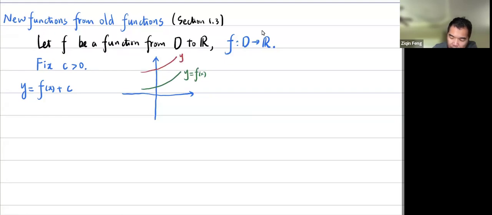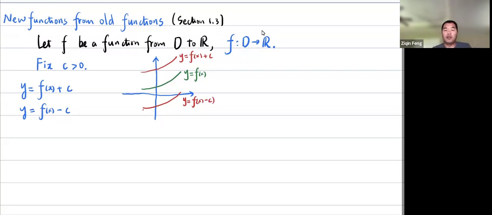So this is y equals f of x plus c. In the same way, if you have a new function y equals f of x minus c, then the graph of the new function is obtained by shifting the original one down by c units.